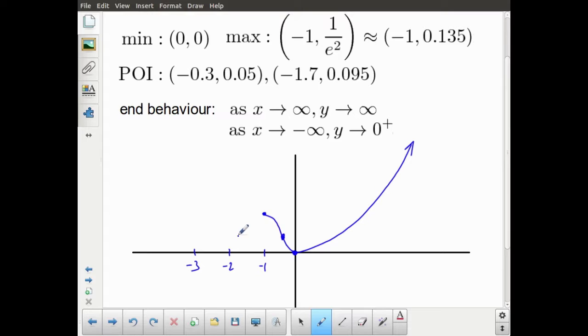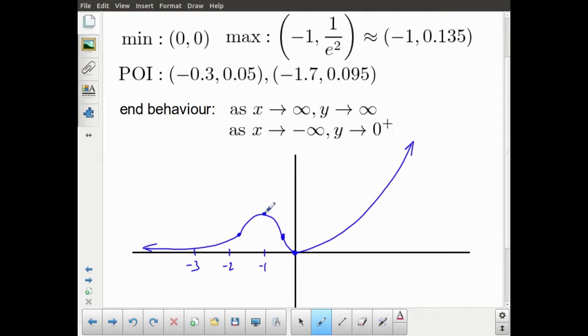So this concave down part continues until there, and then it changes to concave up. And it does that all the way to negative infinity, and during that time, it approaches 0 asymptotically. This is going to be really hard for me to do. So let's see if I can draw a nice smooth curve. That's not terrible, heading out to infinity.